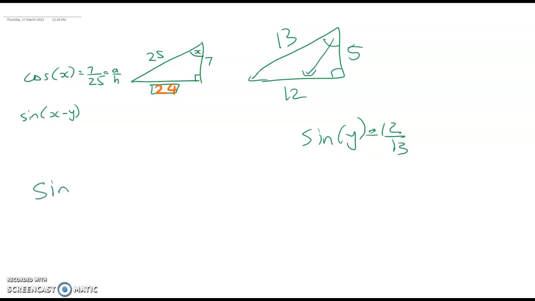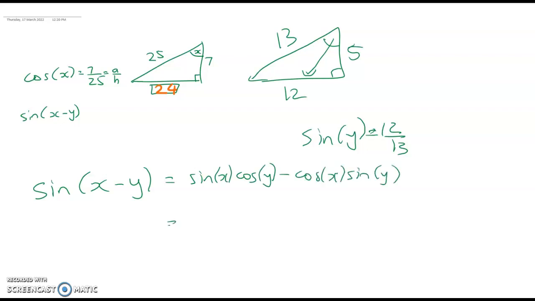Using my compound angle identities, we know that sine of x minus y is sine x cos y minus cos x sine y. And we can substitute those values really easily now. Sine of x will equal 24 over 25, and cos of y will equal 5 over 13, right?